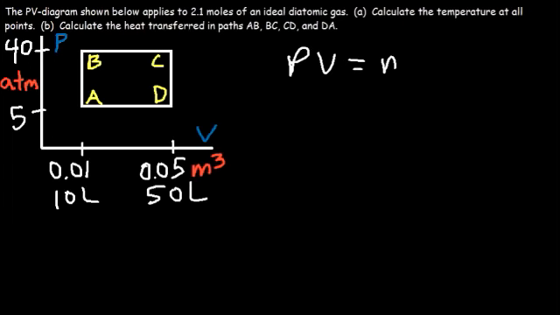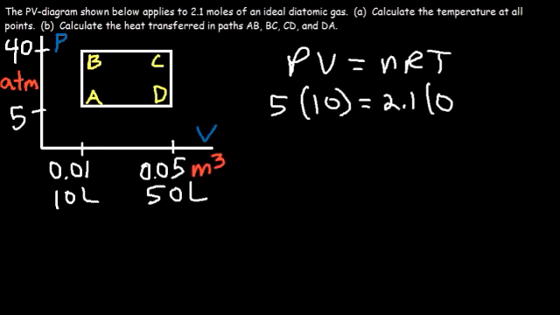So using this equation, at point A, the pressure is 5 atmospheres, the volume is 10 liters, we have 2.1 moles, R is 0.08206, and we're looking for T. So 5 times 10 is 50, divided by 2.1, and then take that result, divided by 0.08206. So the temperature at point A is 290 Kelvin.